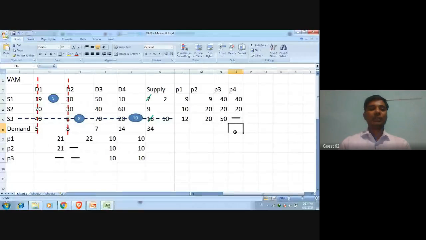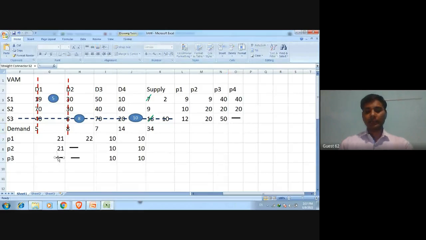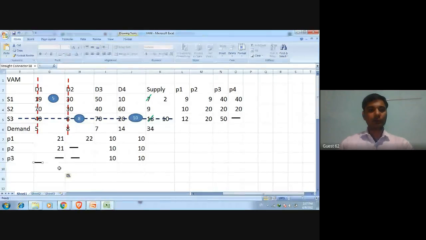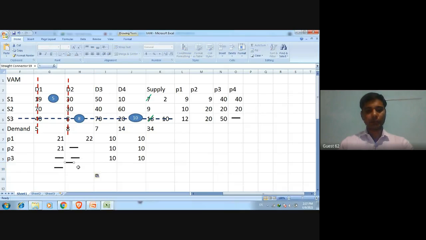Similarly, we will calculate the column penalty. There is no need for D1, so I have drawn a dash in this, and also a dash in D2, because D2's demand is also exhausted.